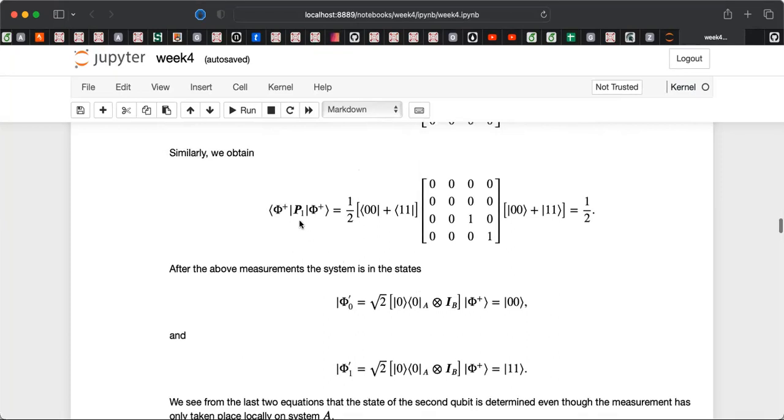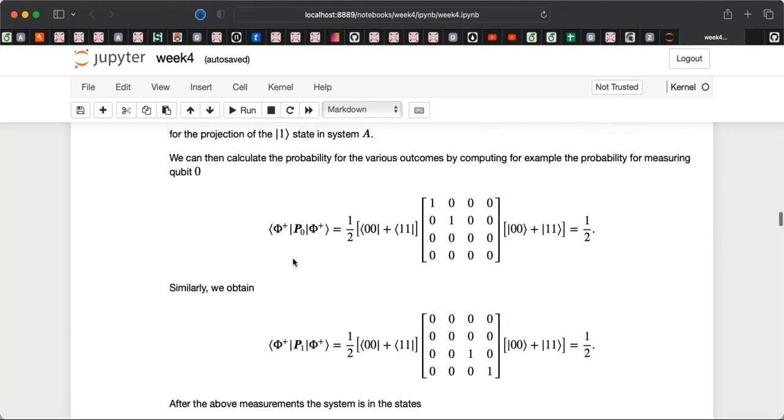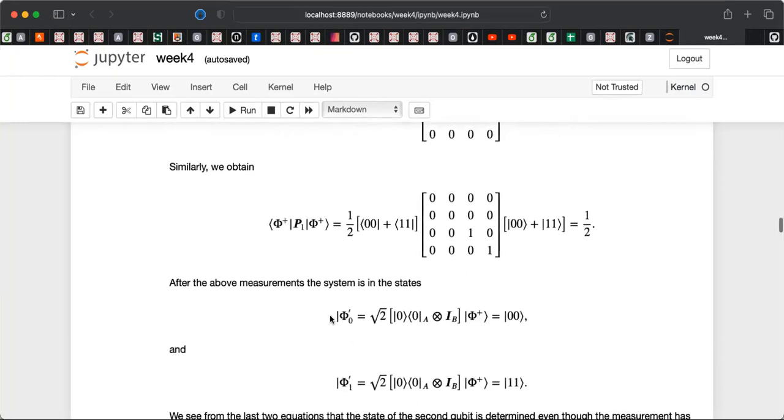So what you could think of now is that you perform a measurement on one of the qubits, and that specific measurement leaves you in a new state after the measurement has been done.